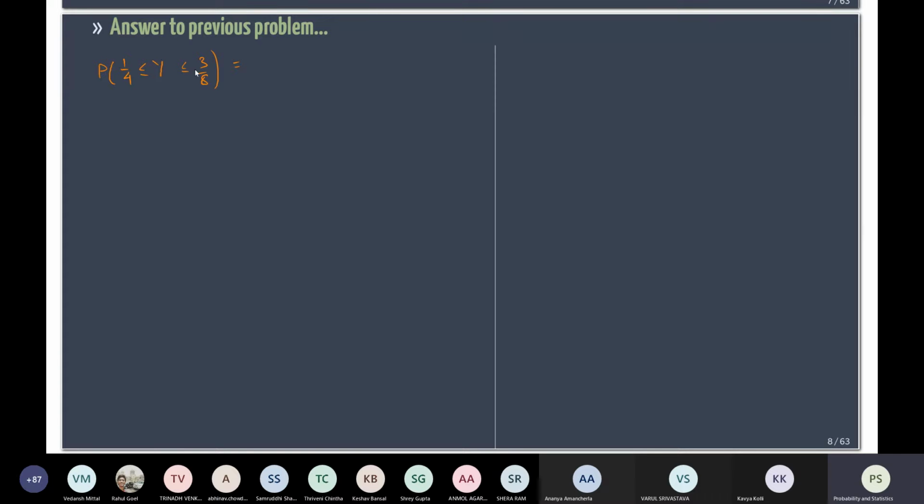For y greater than this and less than or equal to b, we had the formula, right? The only point that is left is 1/4, so we have to add that back. So this is like F_Y(3/8) minus F_Y(1/4), and then we have to add back P(Y = 1/4).